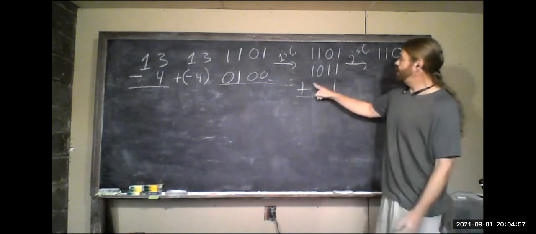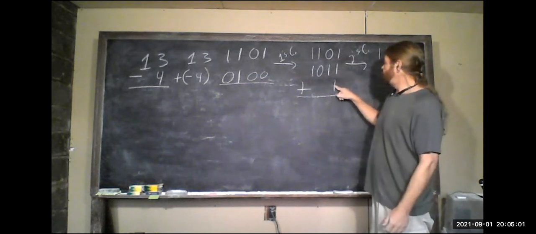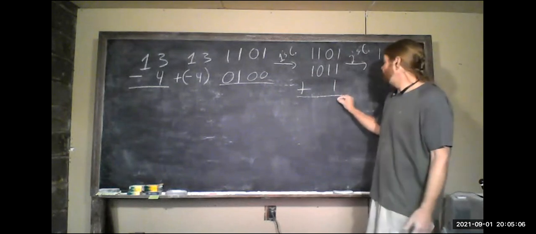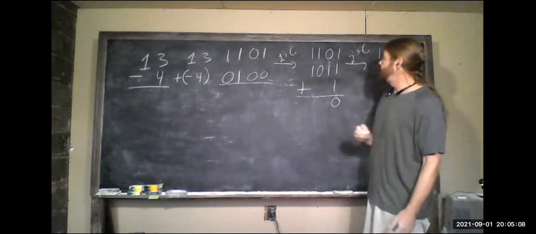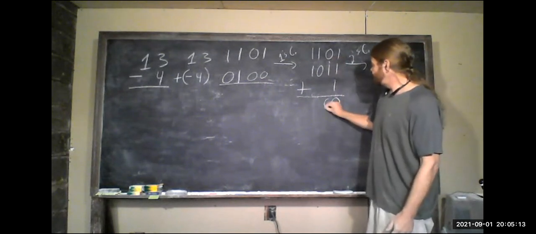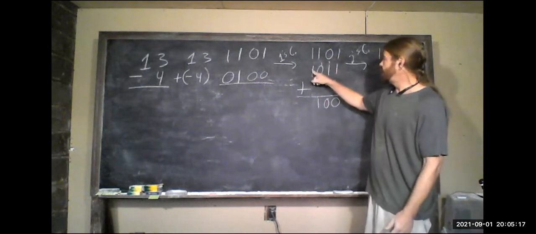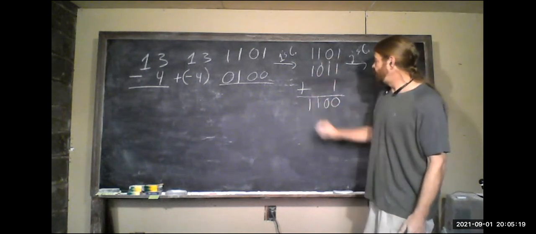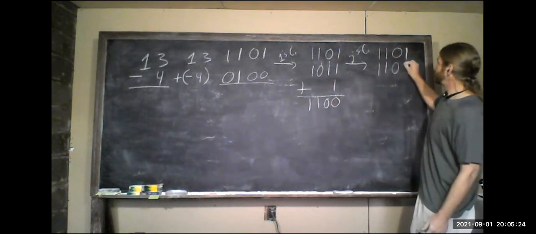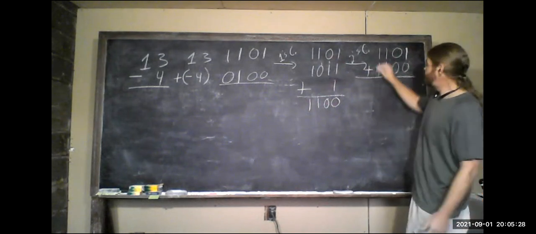And our negative number, we got the 1's complement, so we add 1. 1 plus 1 gives us 2, or 1, 0 in binary, so 0, and we carry a 1 to the next column. And 1 plus 1 is 0, carry a 1 to the next column. 1 plus 0 is 1, and then we have a 1 here. So our 2's complement for that is 1, 1, 0, 0. And now we can do that single operation.